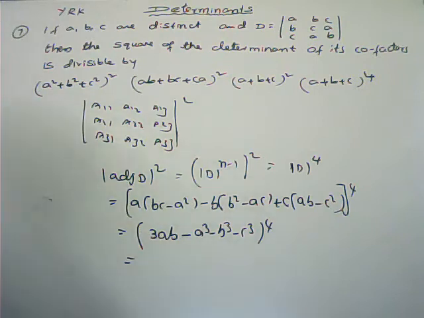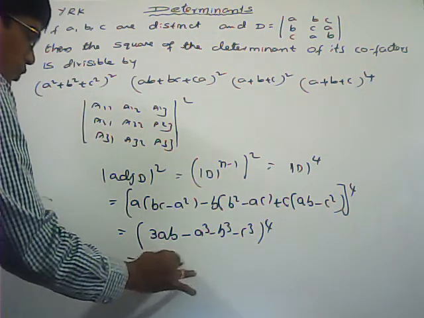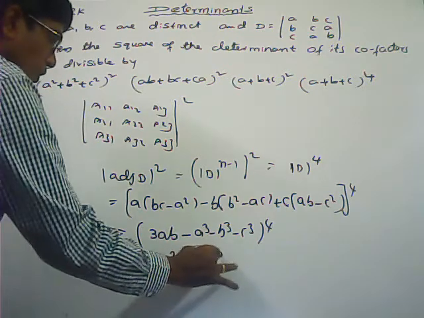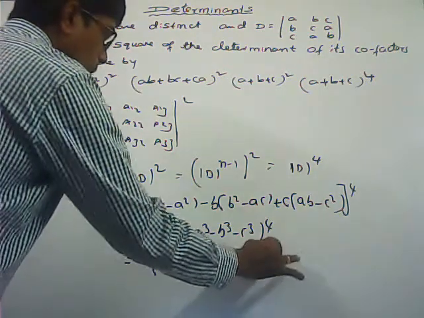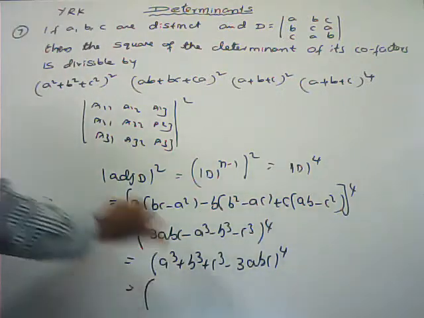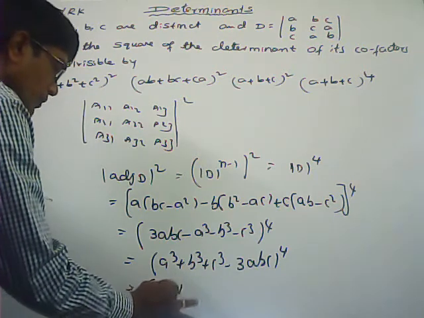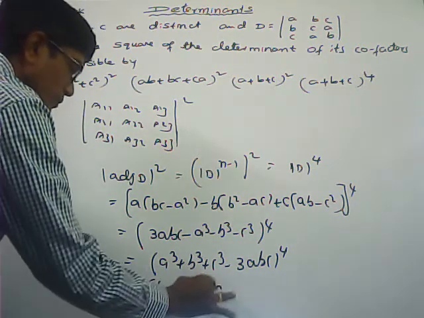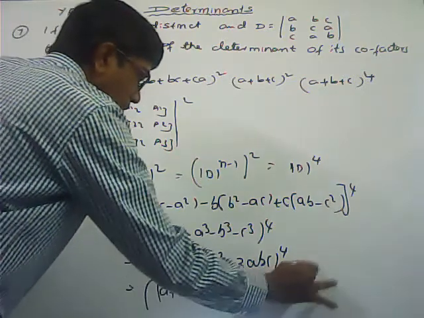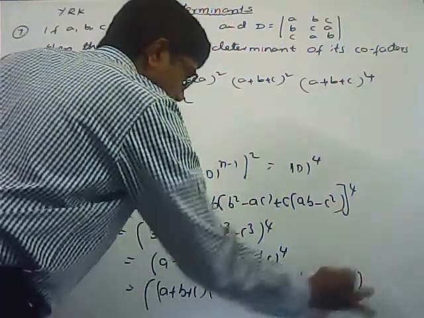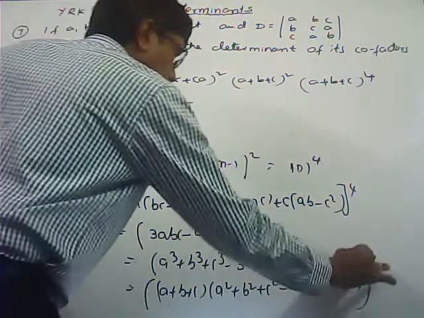Overall I am taking minus, whole power 4, we can get plus 1. So A cube plus B cube plus C cube minus 3ABC whole power 4. Here one formula is there: A plus B plus C into A square plus B square plus C square minus AB minus BC minus CA is equal to A cube plus B cube plus C cube minus 3ABC, whole power 4.